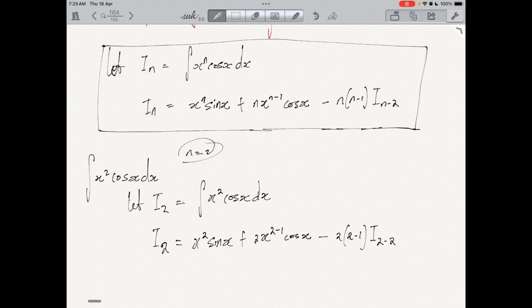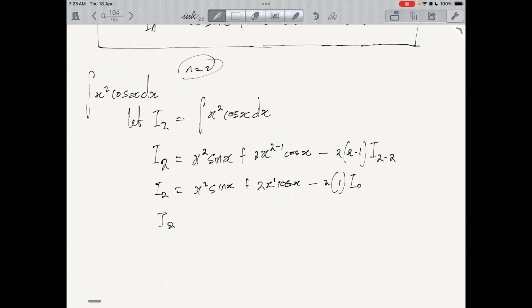I_n minus 2, that is I_2 minus 2. So therefore, I_2 is equal to x squared sine x plus 2x cos x. We can write 2x raised to power 1 minus 2 into 1 I_0.